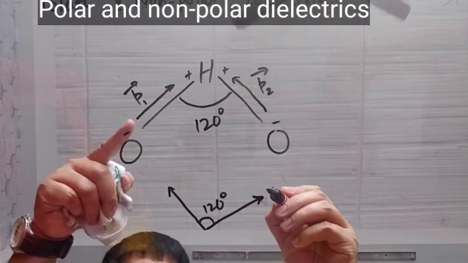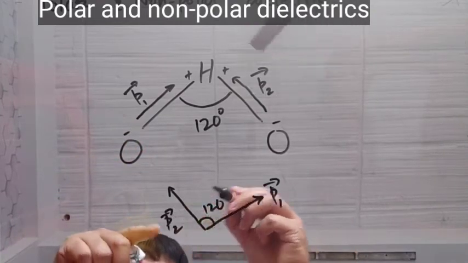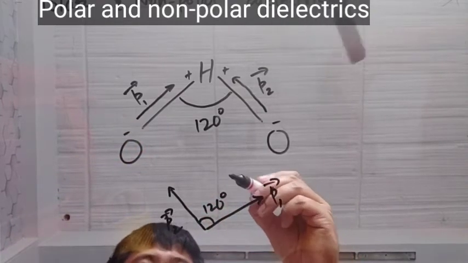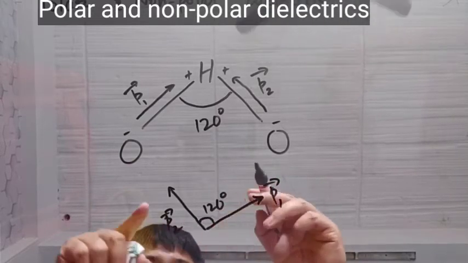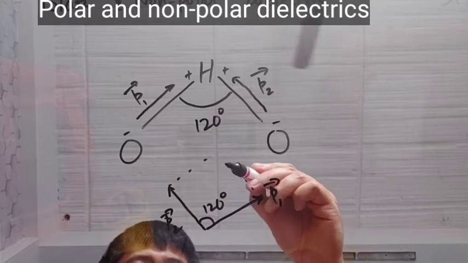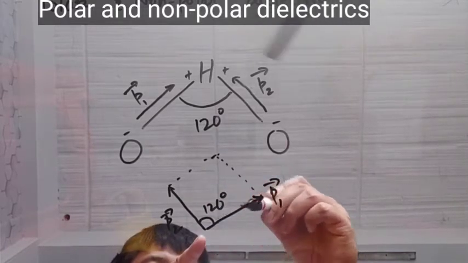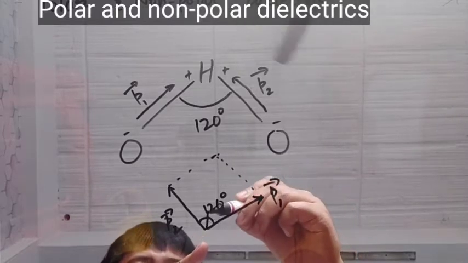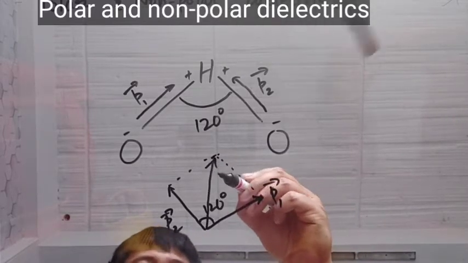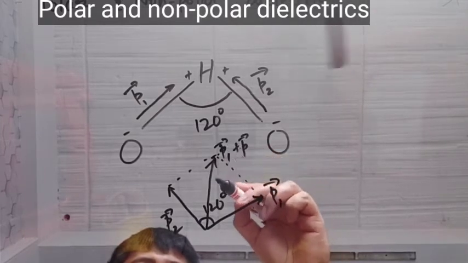The resultant of these two can never be zero. Applying parallelogram law of vector addition, this will be the total dipole moment, P1 plus P2. It is not zero.